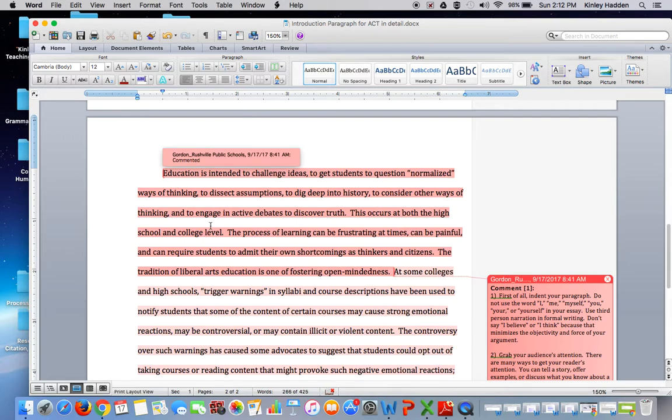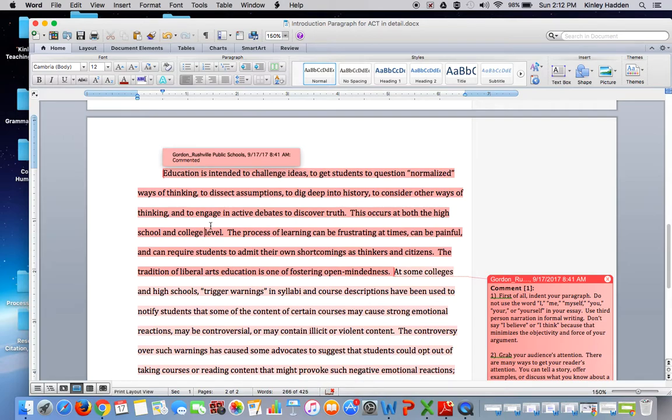At some colleges and high schools, trigger warnings in syllabi and course descriptions have been used to notify students that some of the content of certain courses may cause strong emotional reactions, may be controversial, or may contain illicit or violent content. The controversy over such warnings has caused some advocates to suggest that students could opt out of taking courses or opt out of reading content that might provoke such negative emotional reactions.